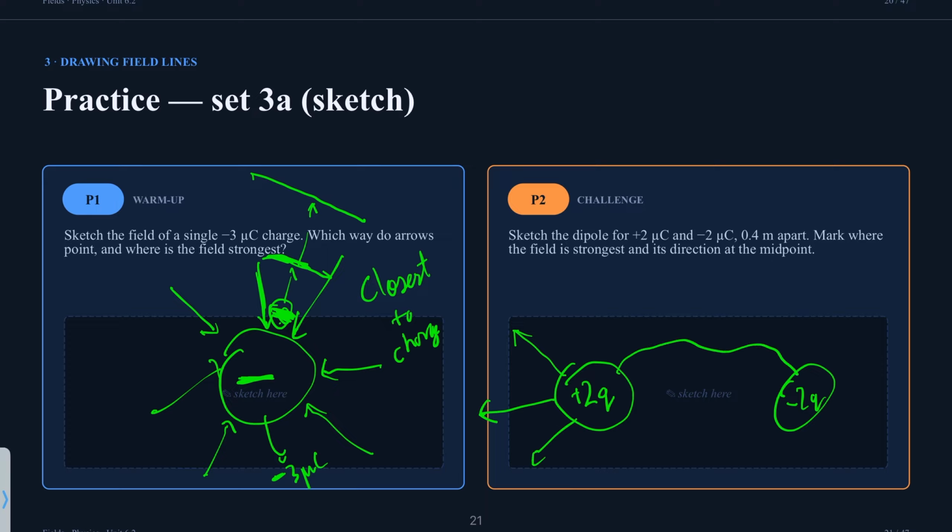Intersect here, intersect here, maybe another intersection, maybe another intersection, then same, its own things, same amount of lines, right? Because they have the same magnitude. And over here at the midpoint, so before that actually, where is the field the strongest? The field is the strongest in the gap between them, okay?